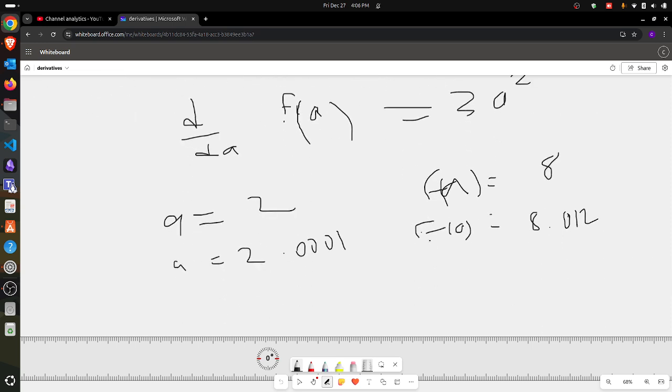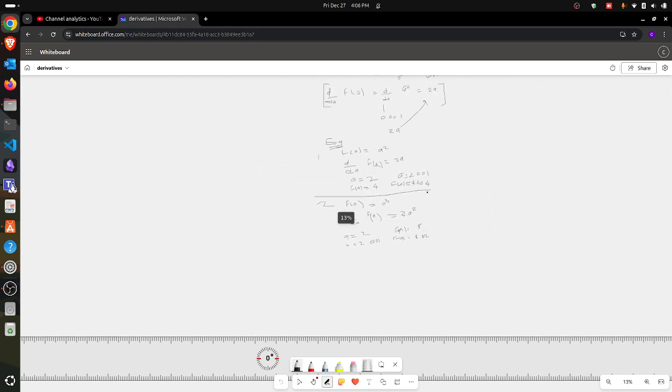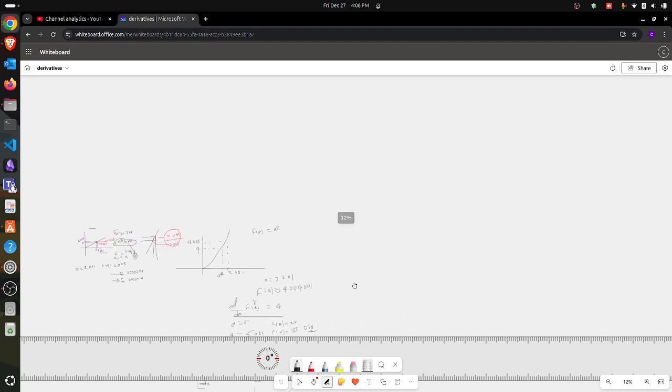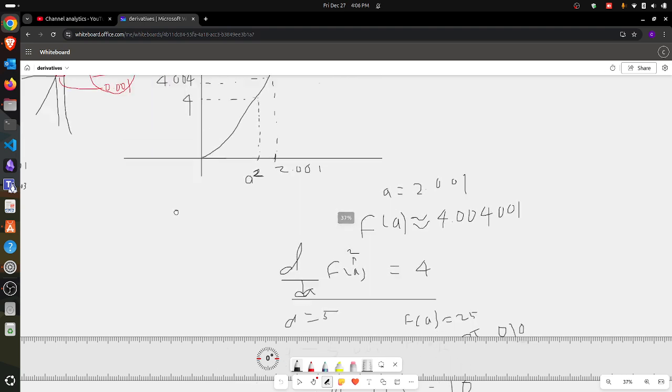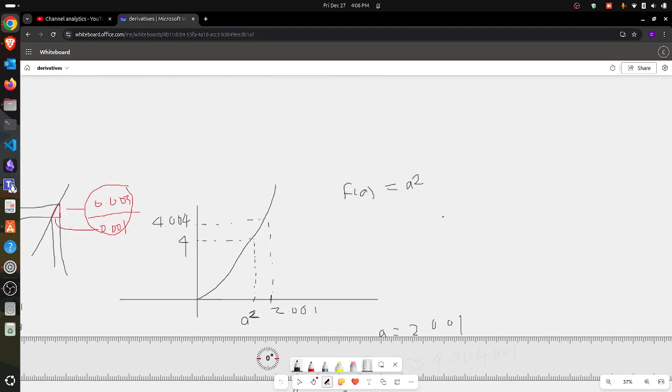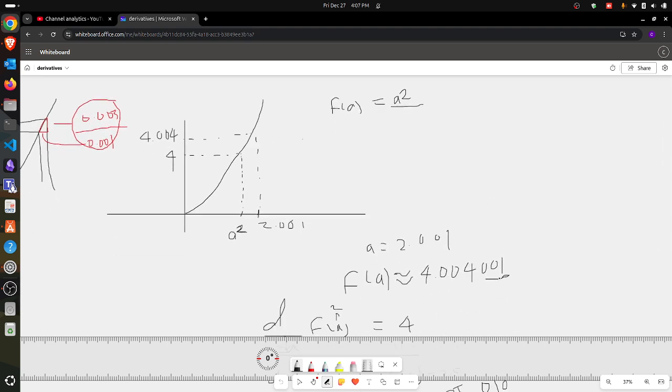Whatever type of curve we have, we explored this kind of curve here. The a square means we are getting some fluctuations in the value, not like the linear values.